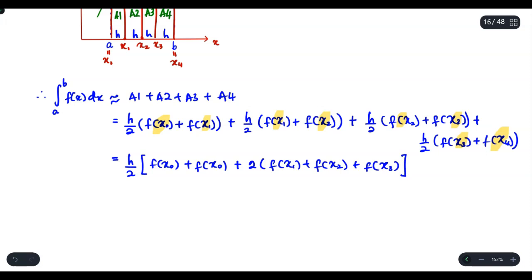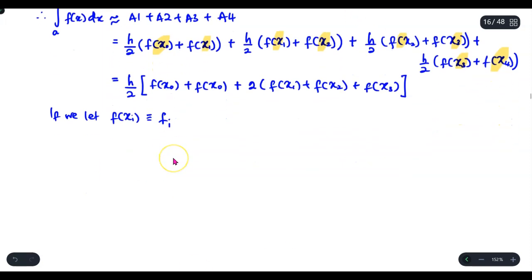Okay, now if we let f(xi) be written only as fi, this is for simplification of the notation only.